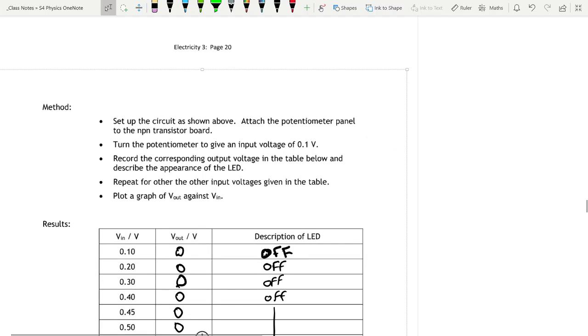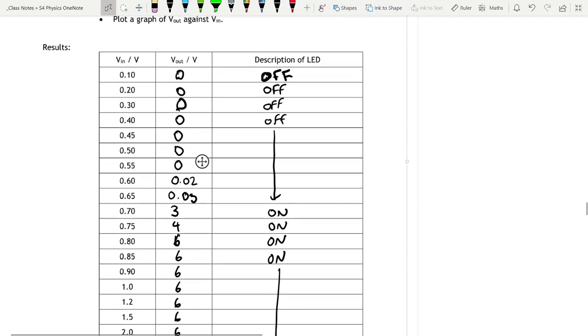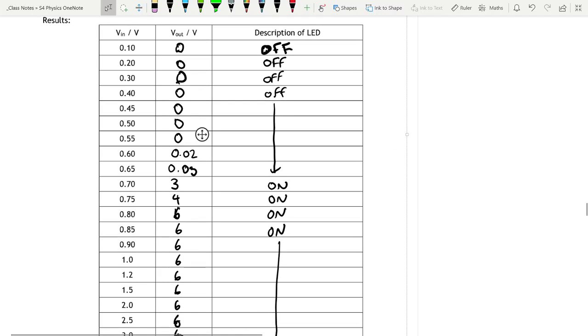And I have got some sample results here. You'll watch the video of the experiment yourself, but you can see all the way from 0.1 up to about 0.55 volts going into the transistor, it is off. It doesn't turn on. Then we get a tiny bit of voltage here, but you can see the LED is still off. But as soon as we get to 0.7 volts, it jumps to 3 volts and the LED turns on.